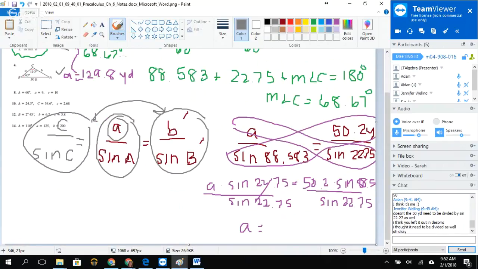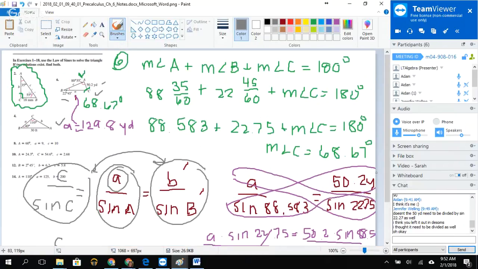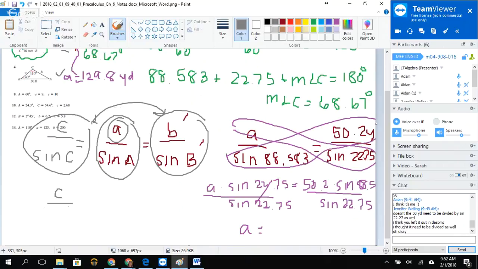So we have side C and then the sine of angle C. So angle C is 68.67, right? And then again, I'm going to reference that to B because B is our values that I've been given.